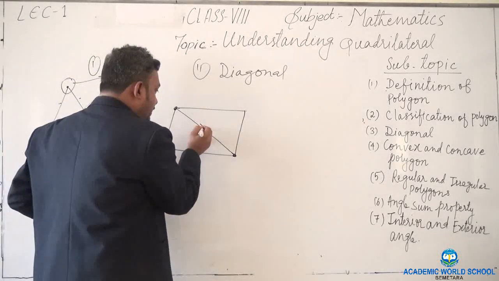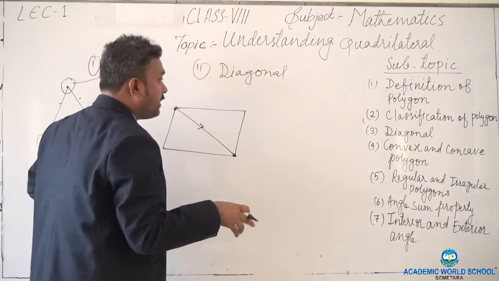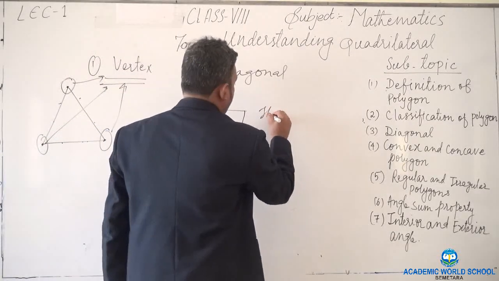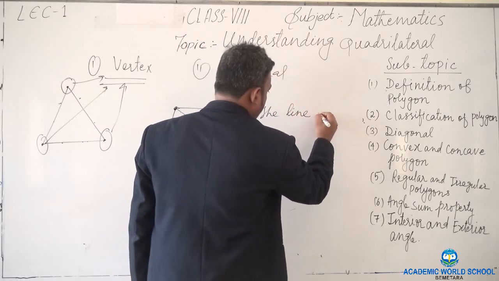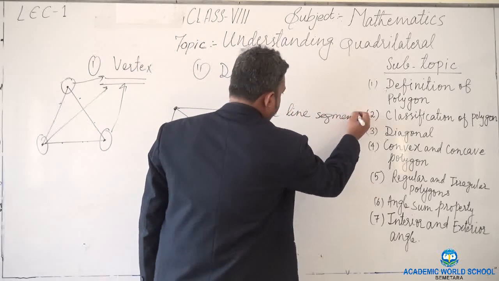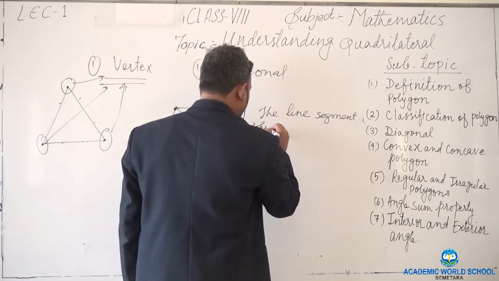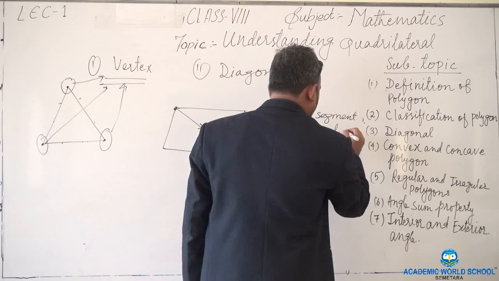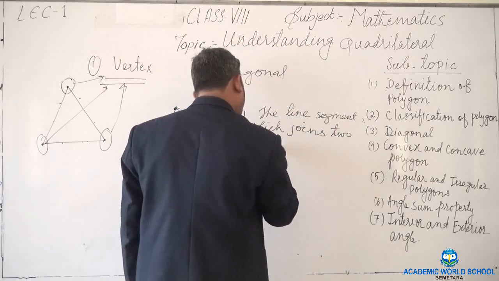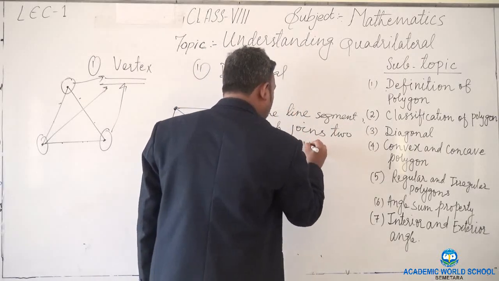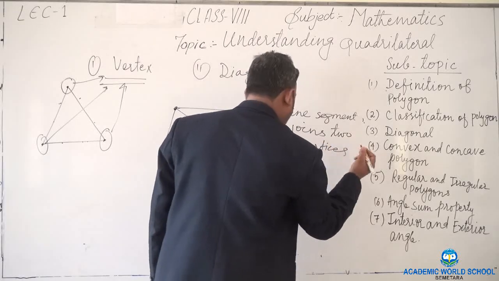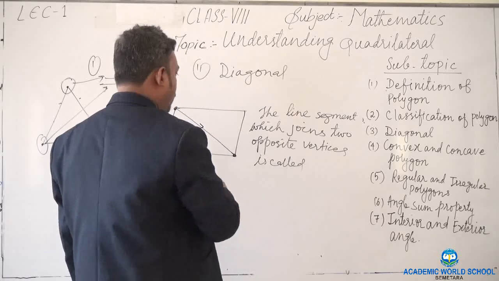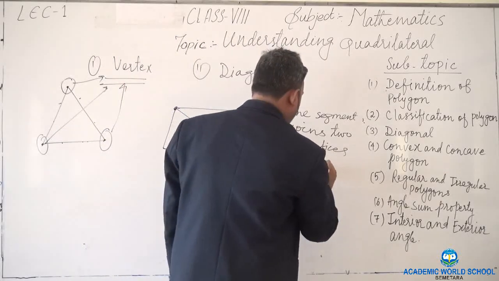So the line segment which joins two opposite vertices is called what?